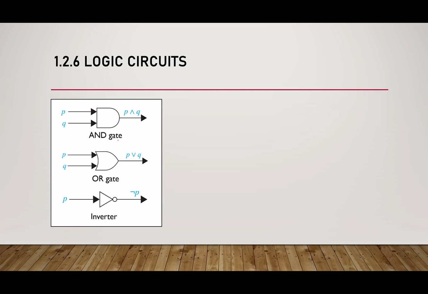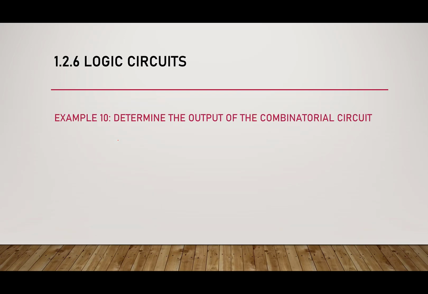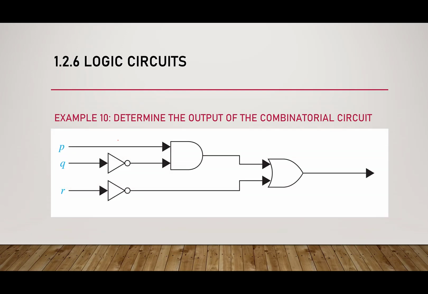So what can we do with this? Well, how about we use it to determine the output of this combinatorial circuit, right? So here's the circuit. What's the final output going to be right here? Well, baby steps. First of all, we have P coming in here, and we have not Q right here, right?